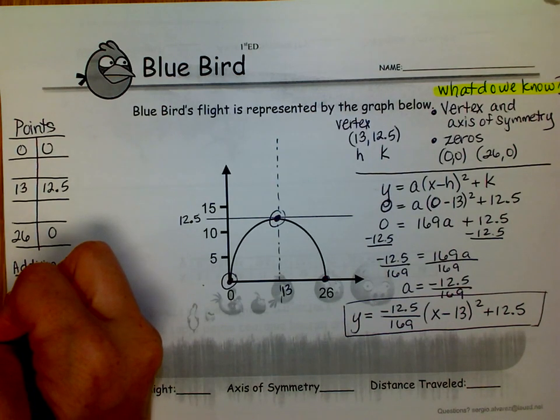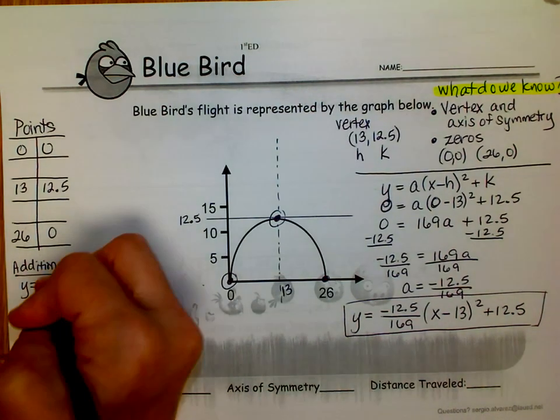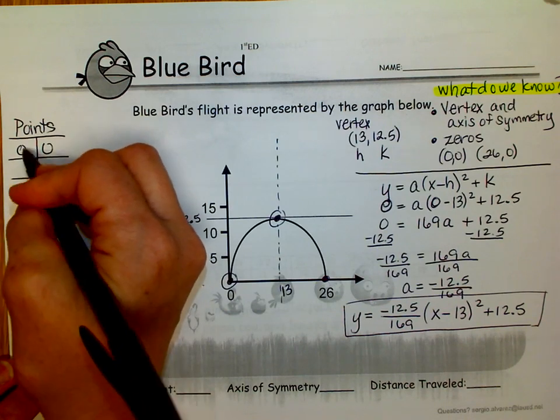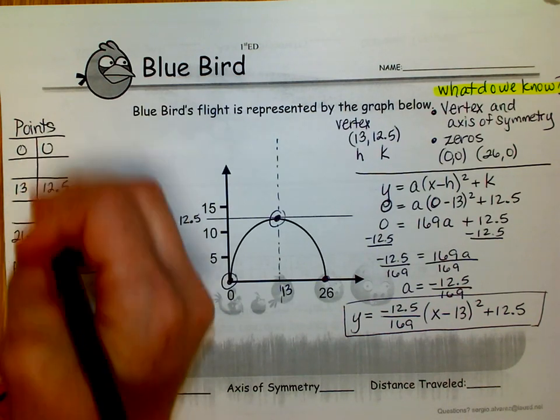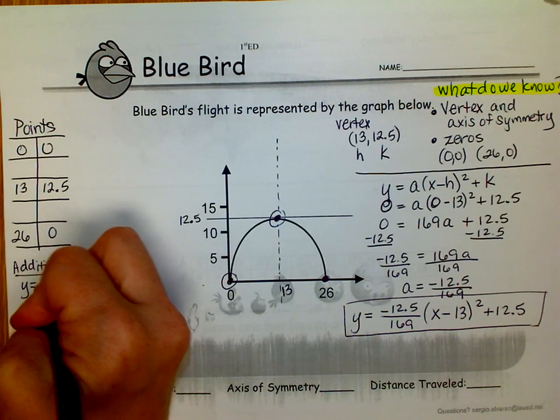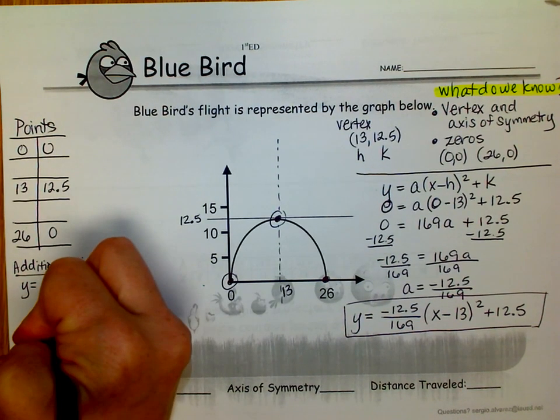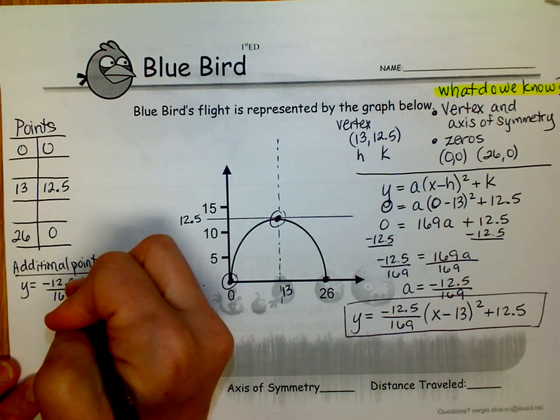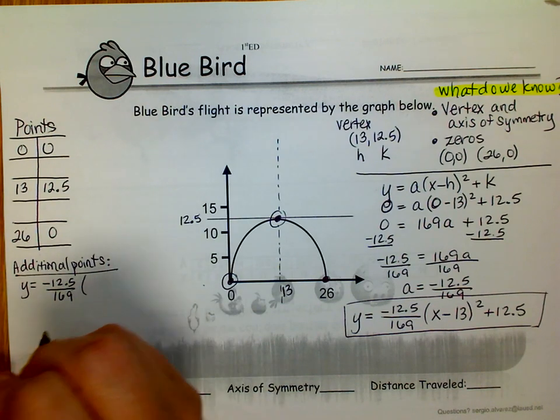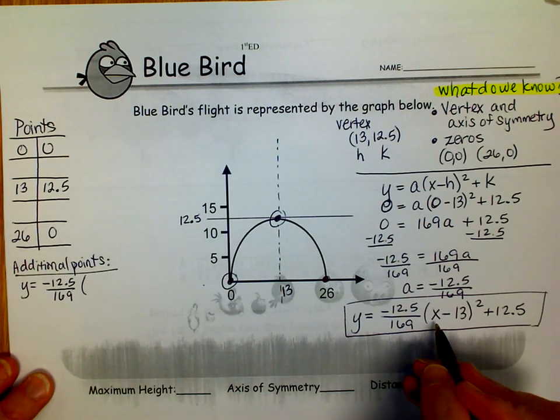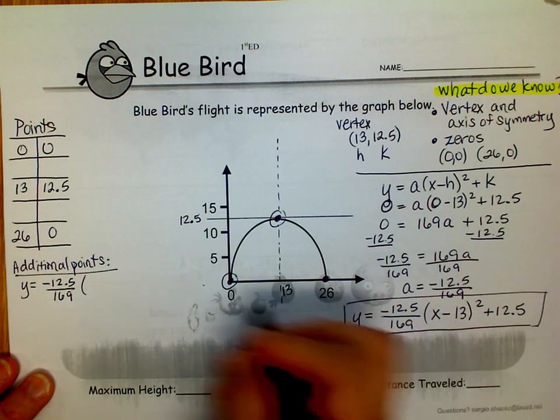To get our first y value, we're going to pick an x value in between 0 and 13. I'm just going to go with 10. So I'm going to put in everything that I do know. I have my a value, and then I'm going to plug in that 10 for my x value so that I can get the y, or the output.